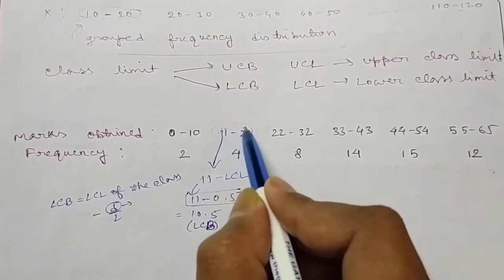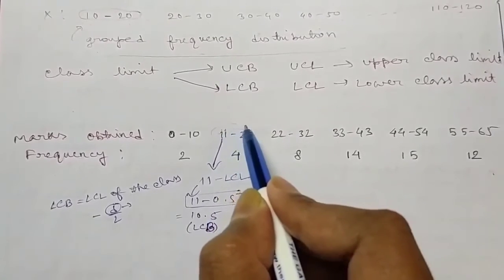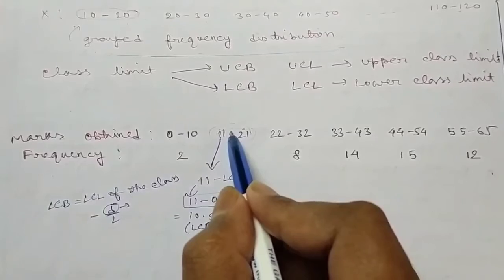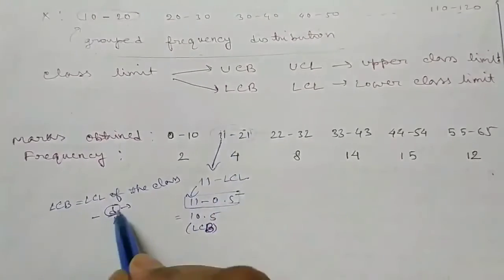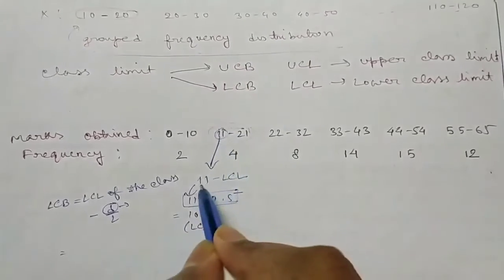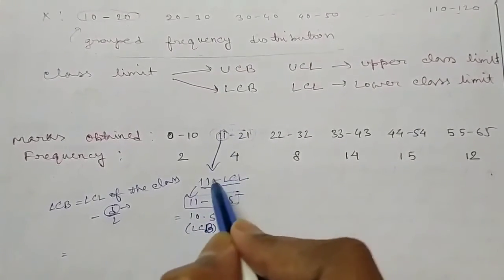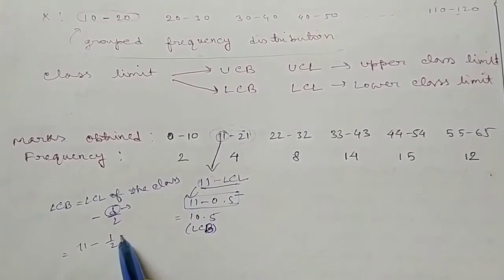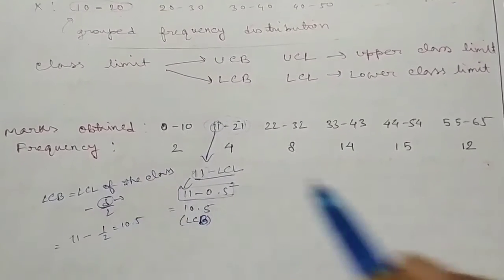That means in 11 to 21, we have 11, then 12, then 13, then 14. So what is the difference? The difference between 11 and 12 is 1. So here D is equal to 1, and the lower class limit is 11. 11 minus half will be equal to 10.5.